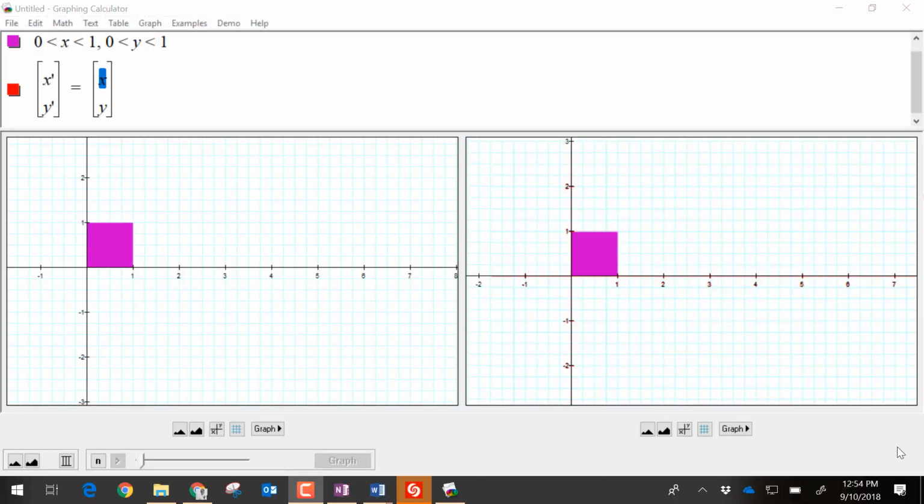So there are some transformations that are not linear transformations. And as an example of that, maybe we'll take a look at r times cosine theta, r times sine theta.